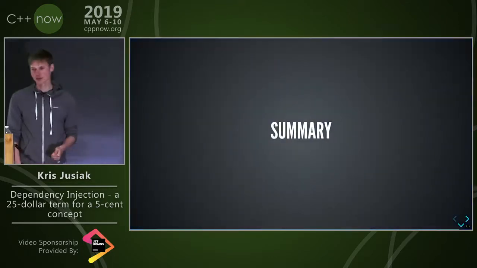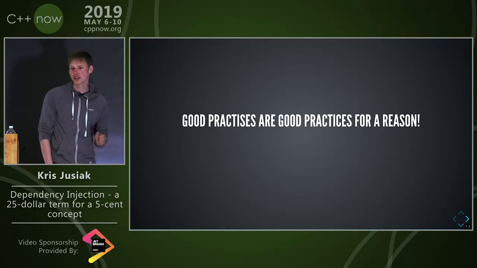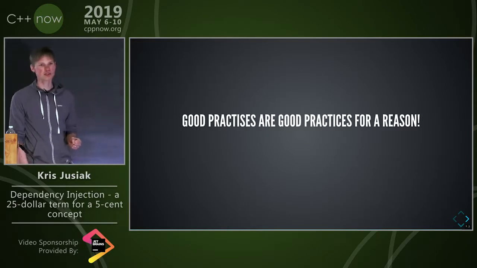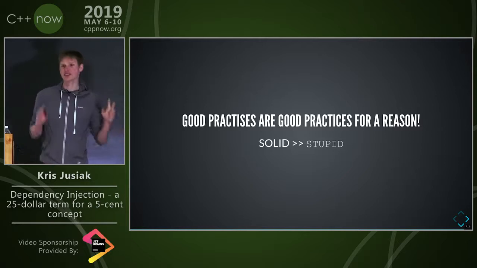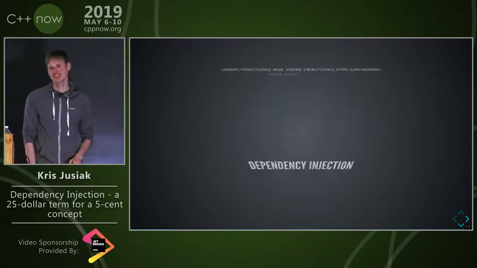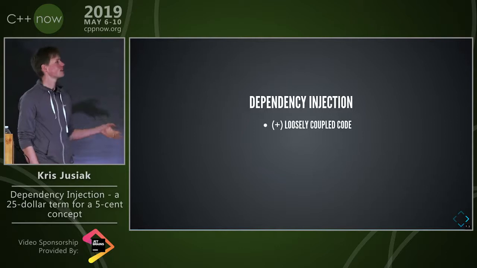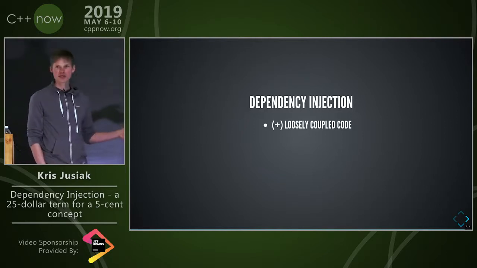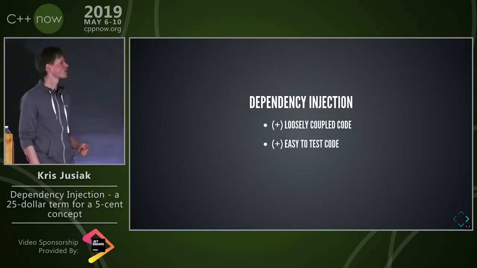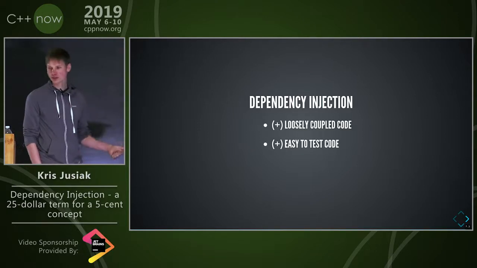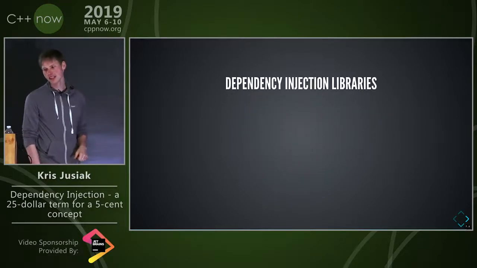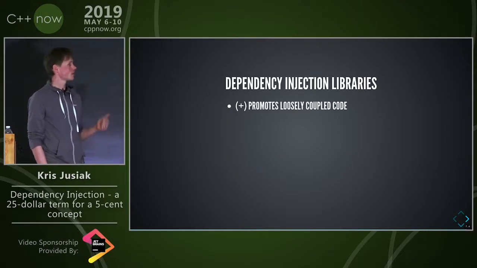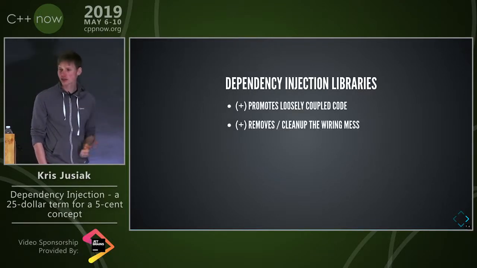So to sum up, because we don't have a lot of time, good practices are good practices for a reason. SOLID is always better than stupid. Dependency injection, loosely coupled code, good. Easy to test code, good. Wiring mess, not so good. Libraries promote loosely coupled code still, that's good.